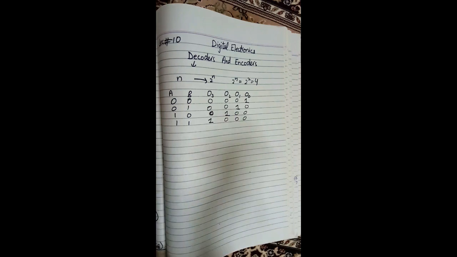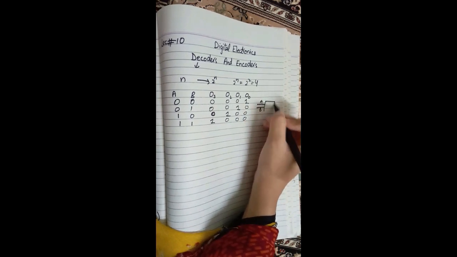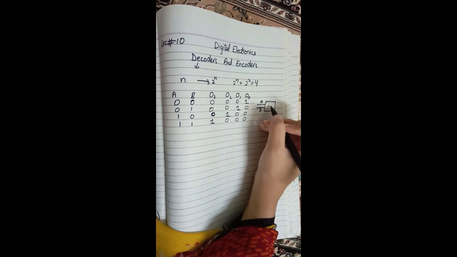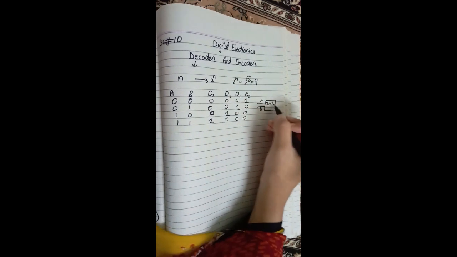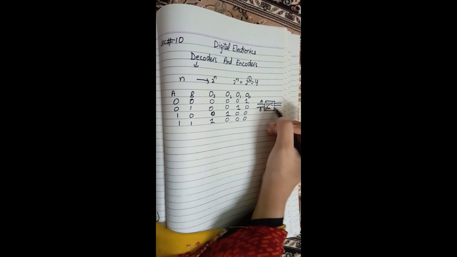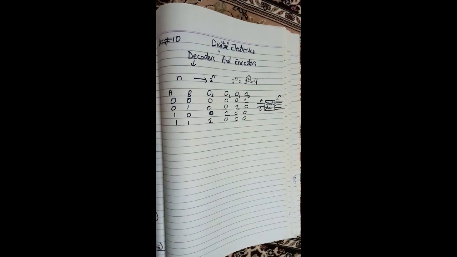You can draw it as A and B, the inputs, the decoder, the 2-bit decoder, and the outputs are 4, 2 raised to power n outputs.